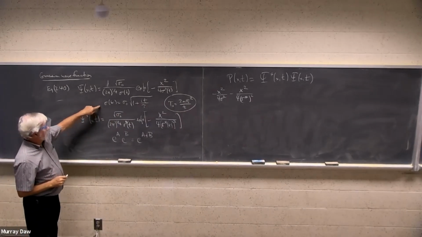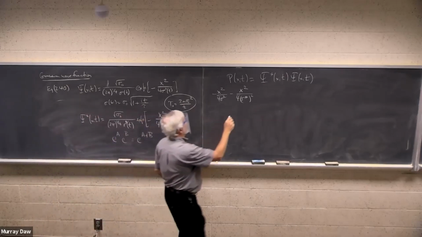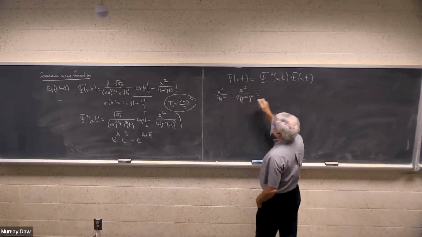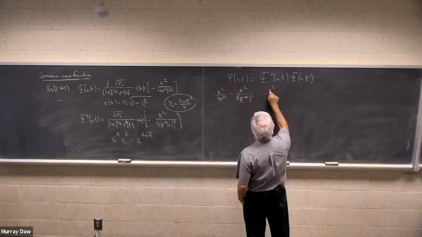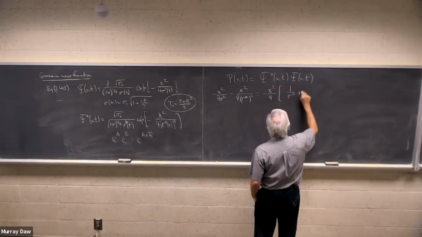Here's sigma. I erased the sigma star. So in fact, there's a common factor of x squared over 4, so you can pull that out with a negative sign.